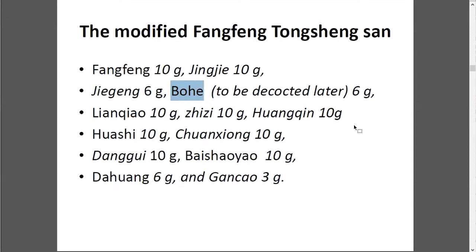Usually we cook them for a short time, meaning we cook other herbs first, and then in the last 10 minutes we add them. So that's what we call decocted later. Not only 薄荷, but also 菊花 and other flowers, even 金银花, we can add in later.